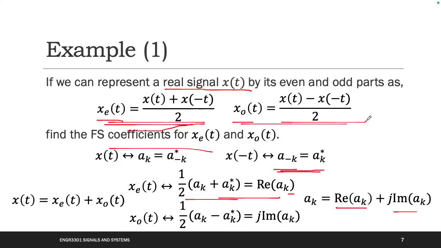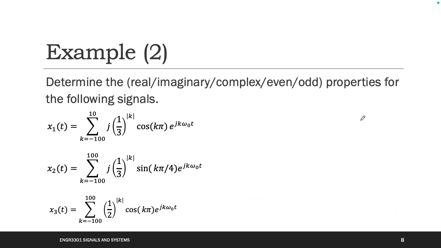So let's talk about some examples to determine the real, imaginary, complex, even, odd properties for the following signals. This is the first one. What kind of signal is it?